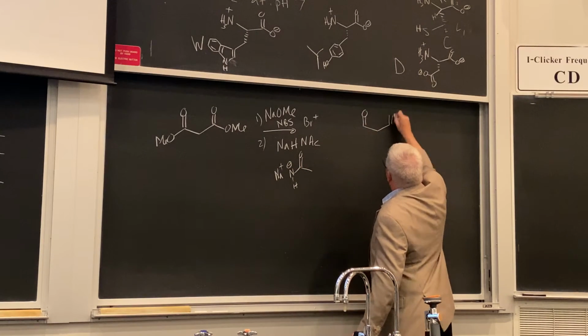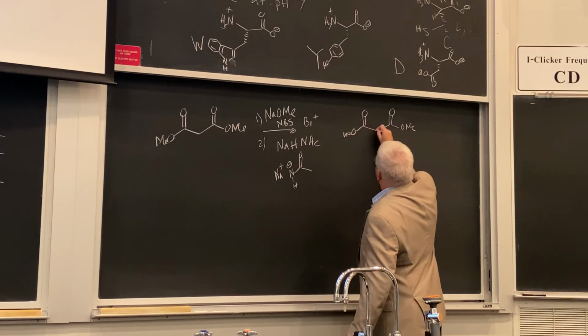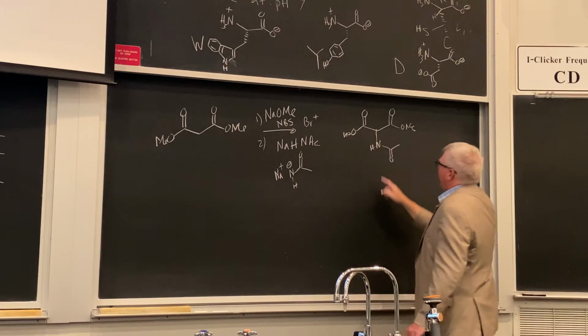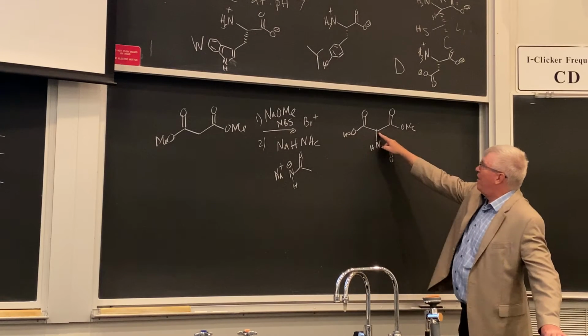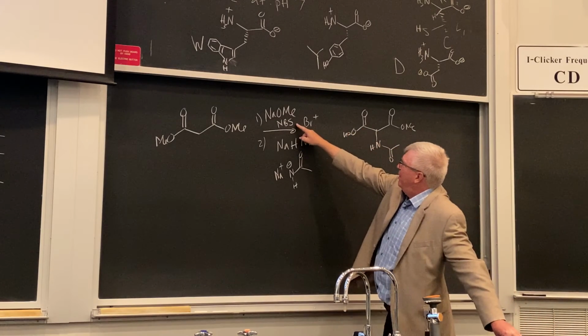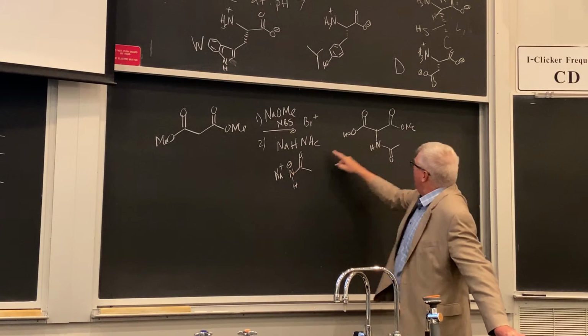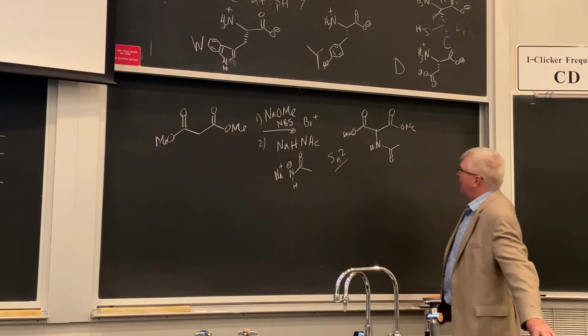We get the bromide forming, and then we have the displacement on the bromide, and we get the nitrogen now at that middle position. Initially I had a bromide on there from the NBS trapping in the enolate, and then we use the sodium salt of acetamide to displace it there. And that's an SN2 type reaction.